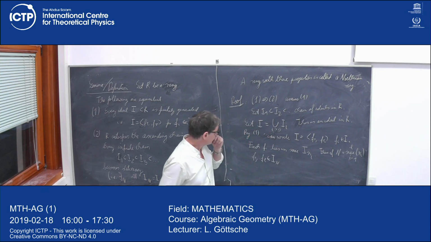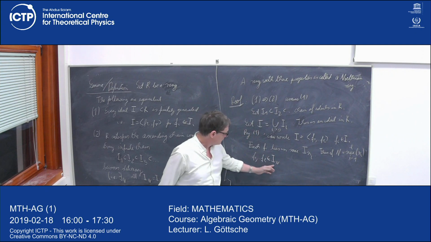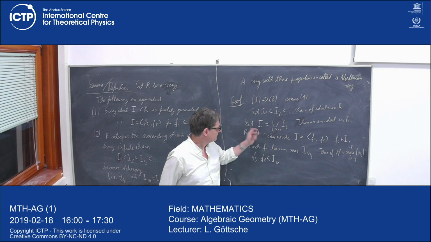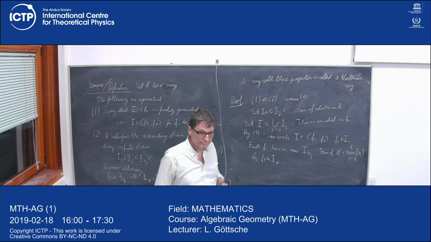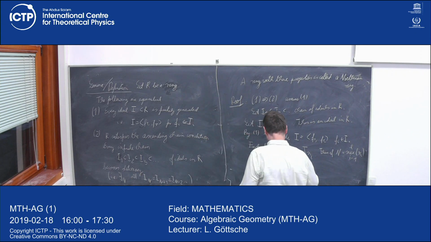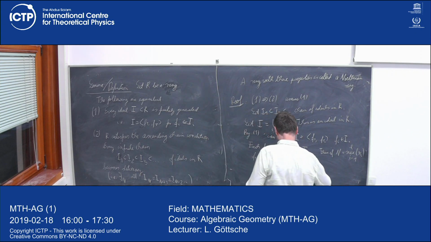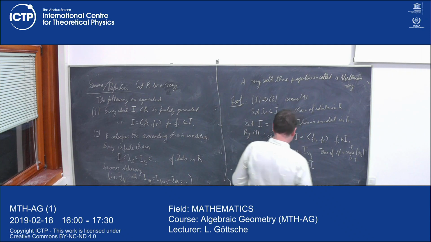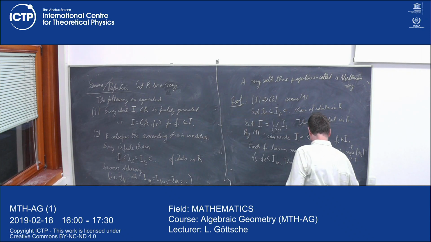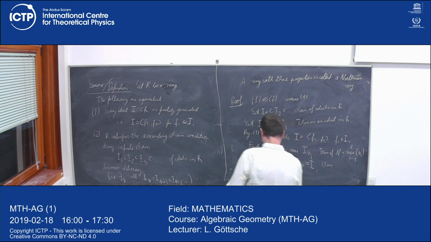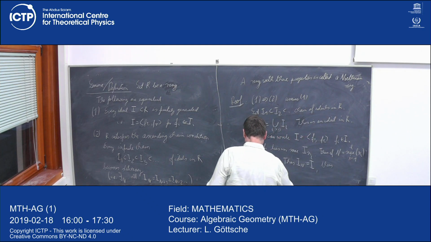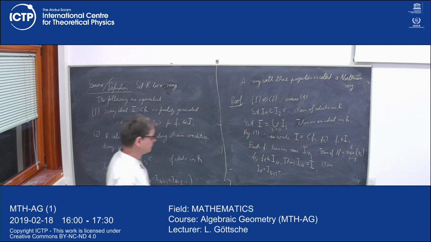And so, therefore, obviously, I_n is already equal to I. And so, in particular, we have that I_n is equal to I_{n+1}, and so on. Okay? So this is one direction.